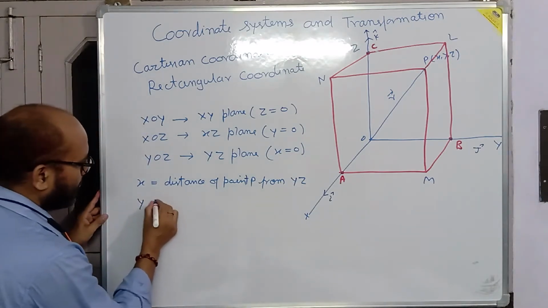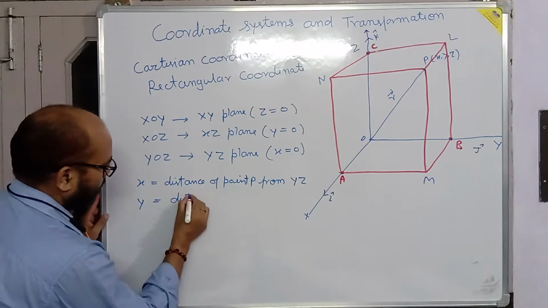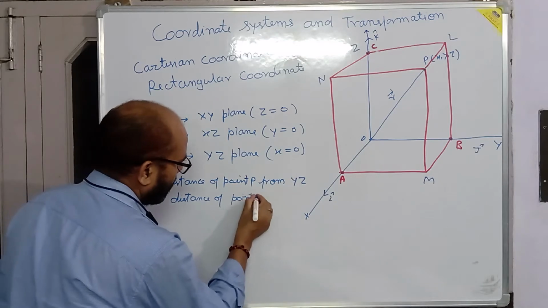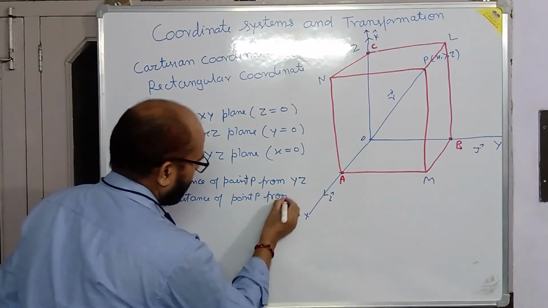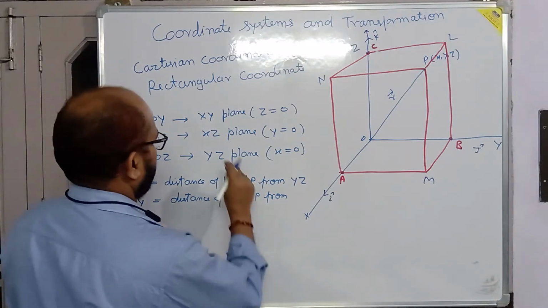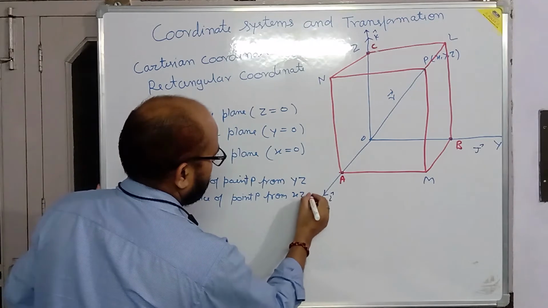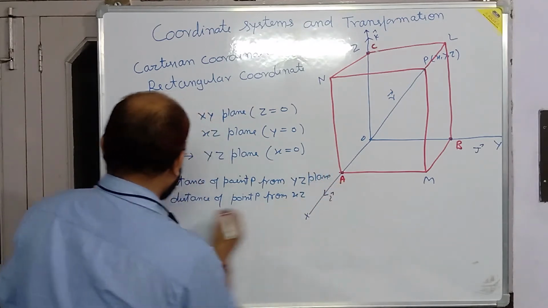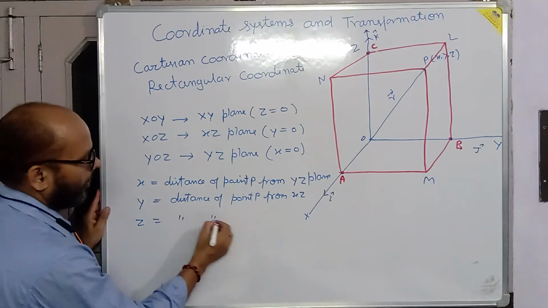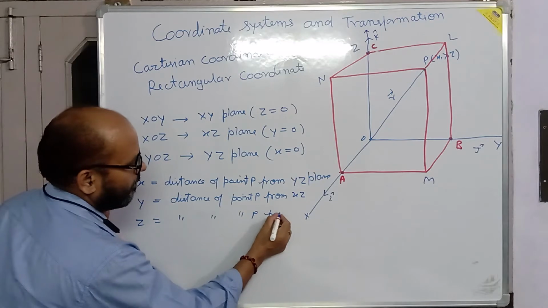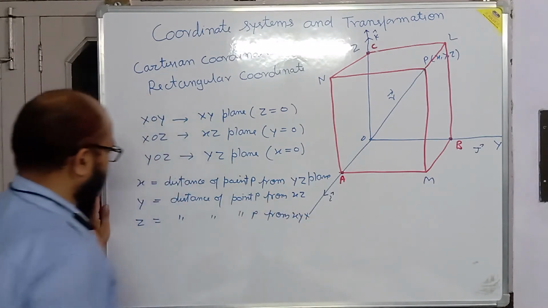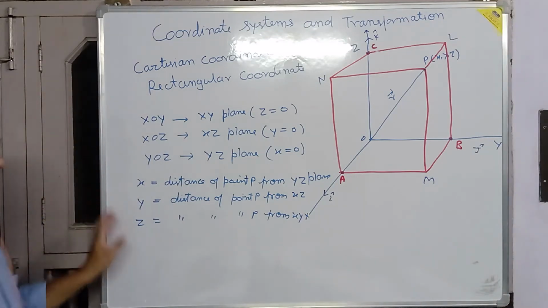Y equal to the distance of point P from the XZ plane. Okay, XZ plane, and Z is the distance of point P from the XY plane. XY plane. Clear?